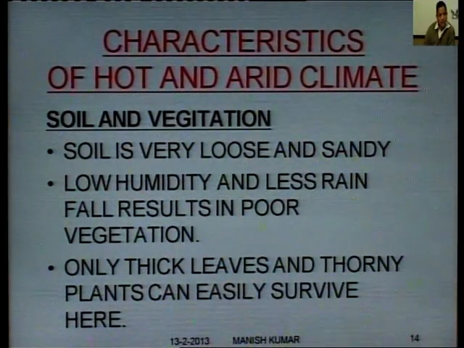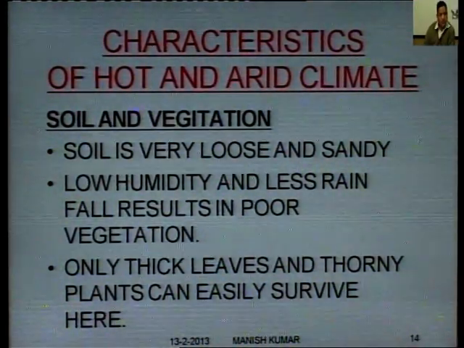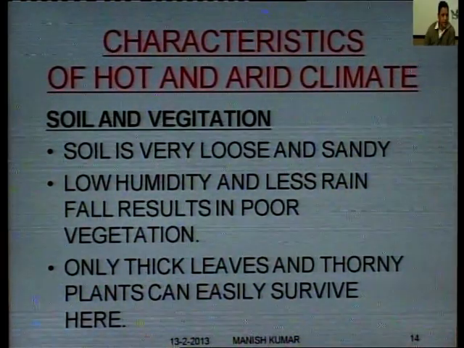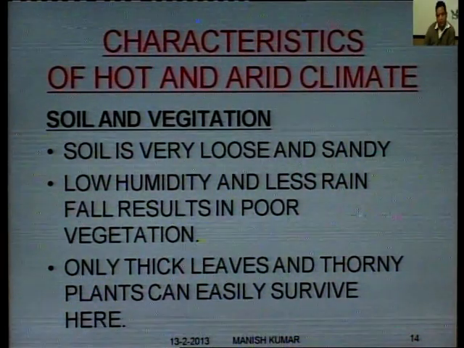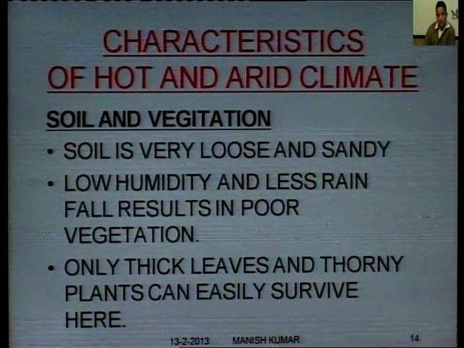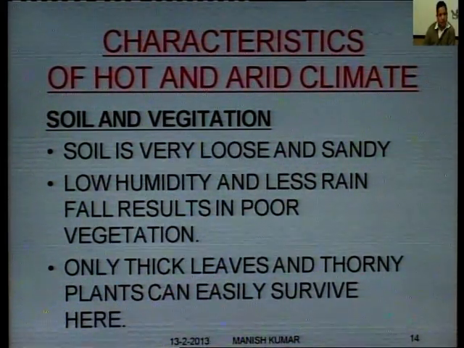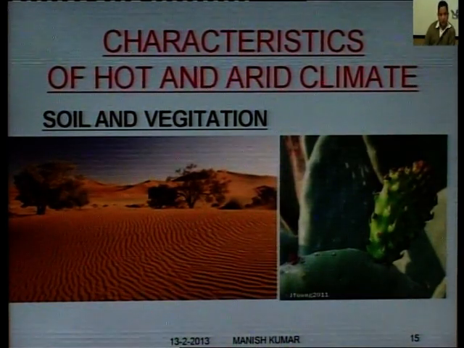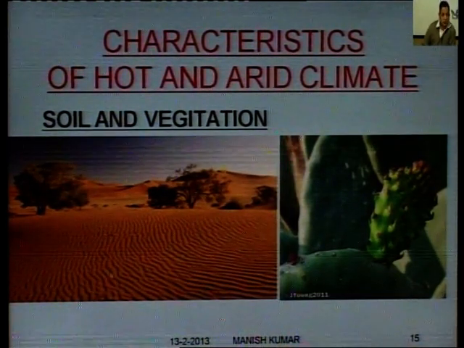Next is soil and vegetation. Soil is very loose and sandy. Low humidity and less rainfall result in poor vegetation. Only thick-leaved and thorny plants can easily survive here. This is a slide showing desert land.